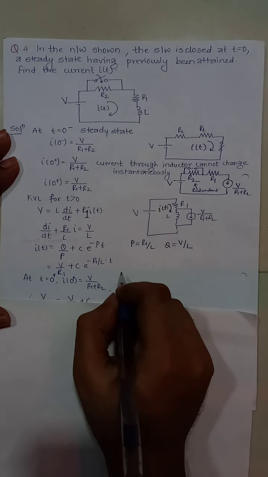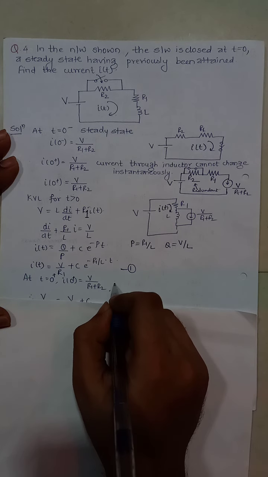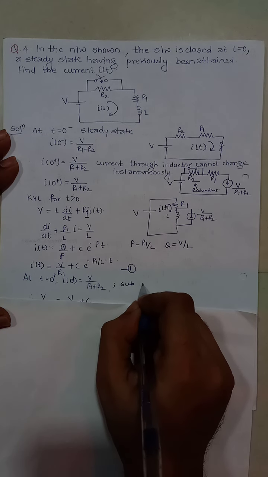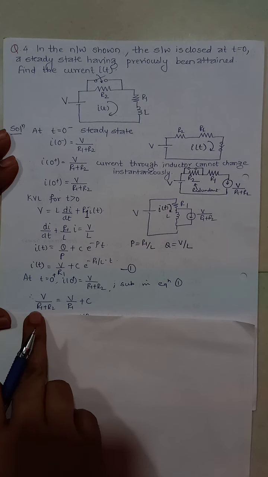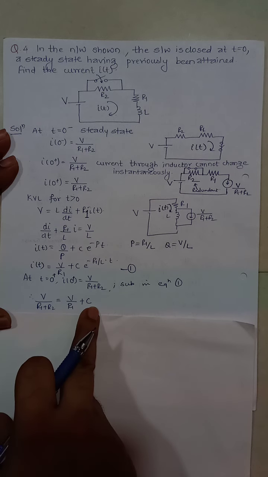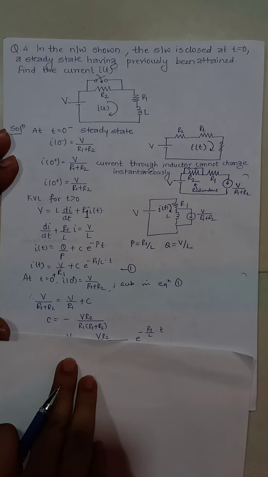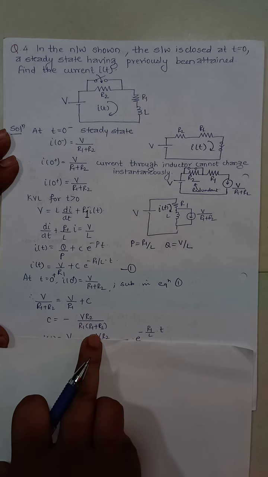Then I'll substitute this in equation 1. So it will give me V by R1 plus R2 equals V by R1 plus C.